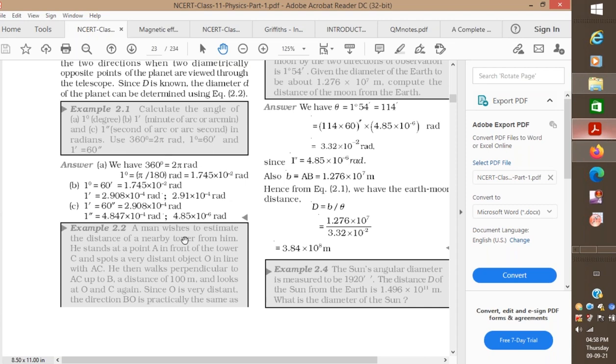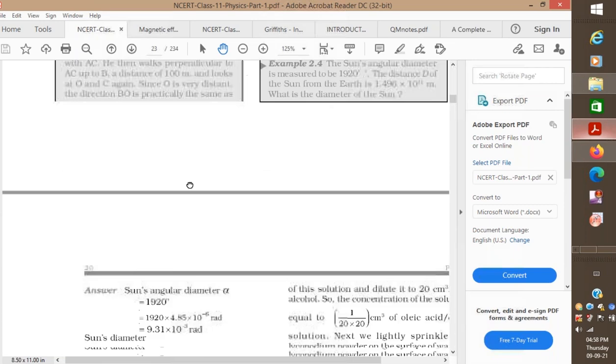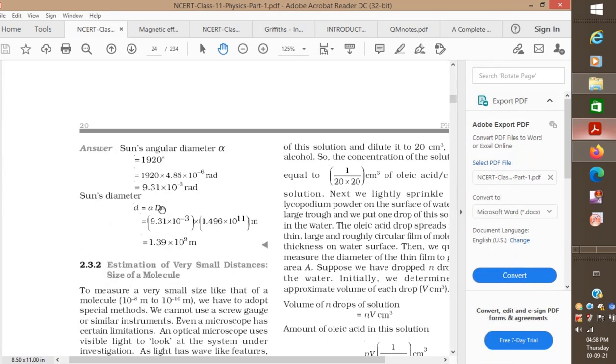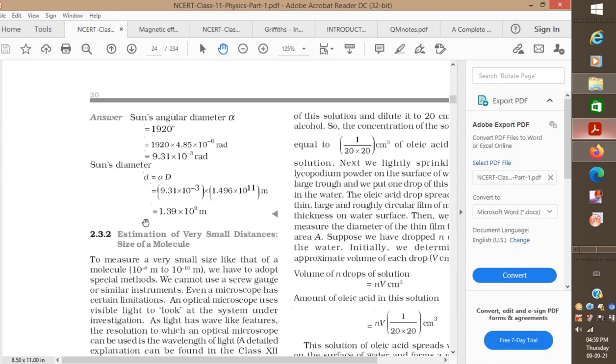You have got alpha in radians, multiply it by D, the distance, and you get the diameter of the sun approximately. This indirect method is an approximate method. Since we are not able to measure with a tape or anything else, we have to use an indirect method like this.